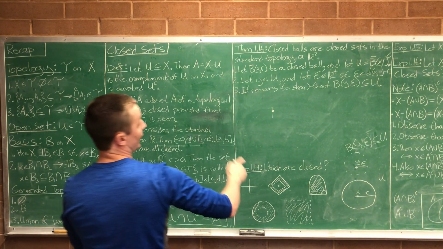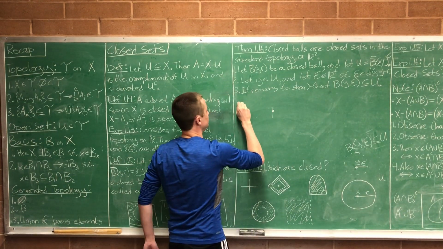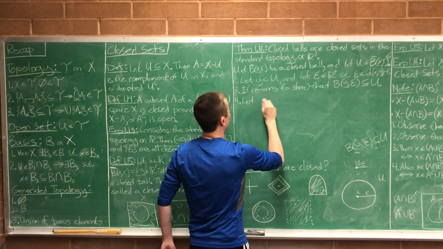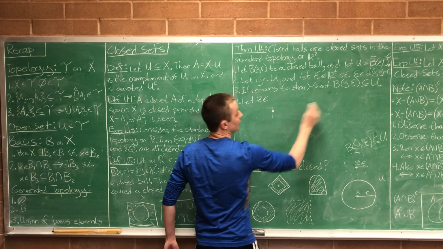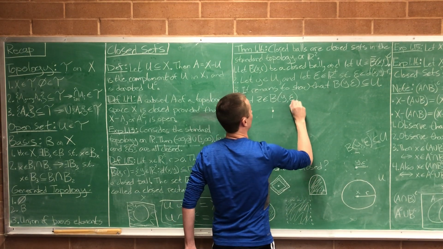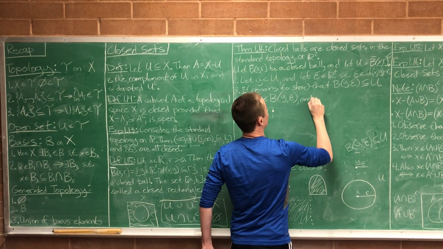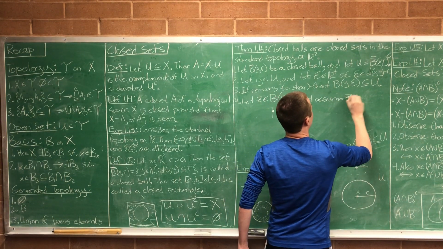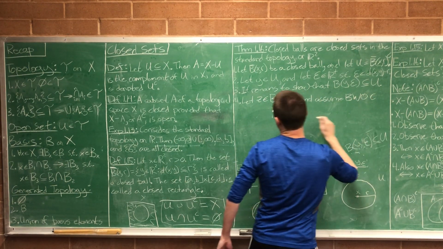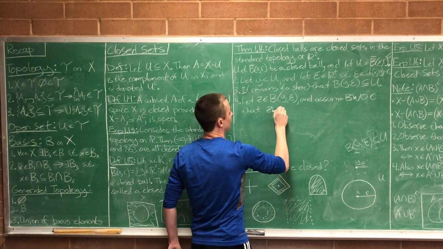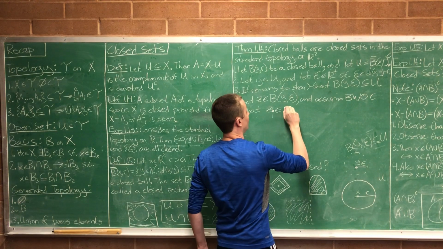It remains to show that this is a subset of U. So let z be in the ball at y with radius epsilon, and assume by way of contradiction that z is in the closed ball.